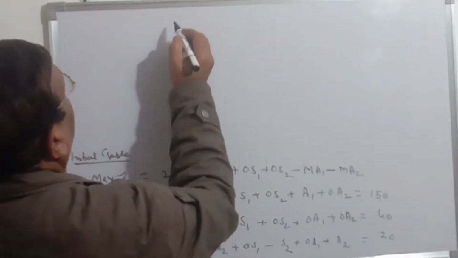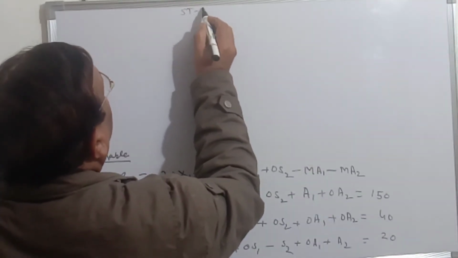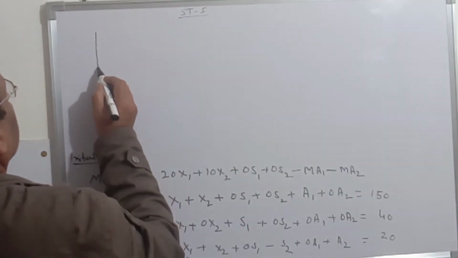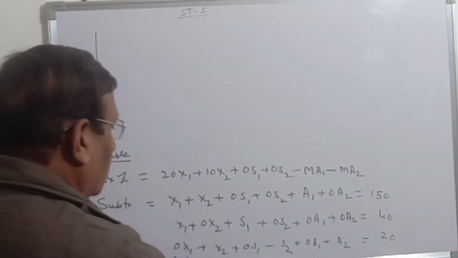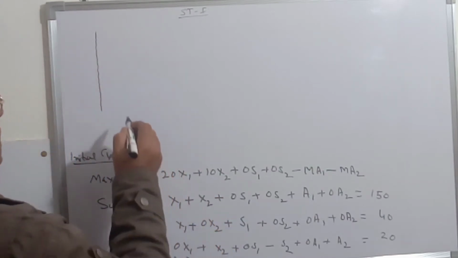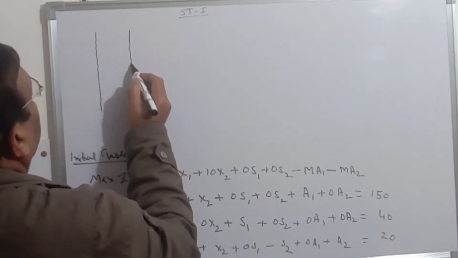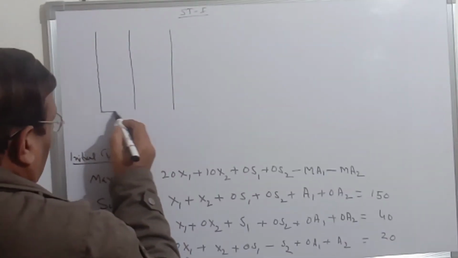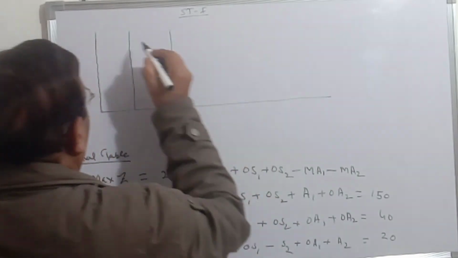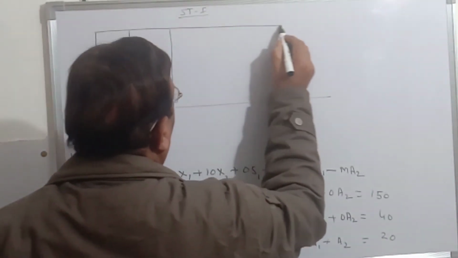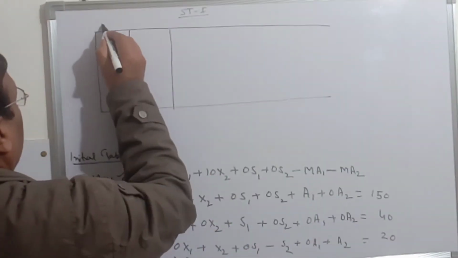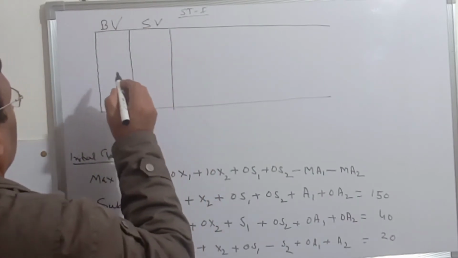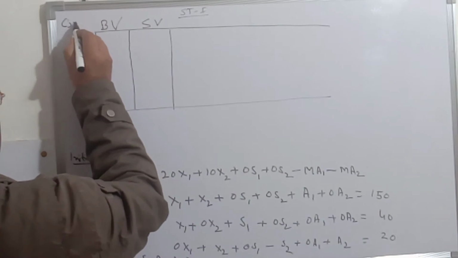Simplex table 1. So this is like this. How many equations? 3. How many variables? 3. So we will have 3 basic variables. Basic variable, solution variable. This is Cj.